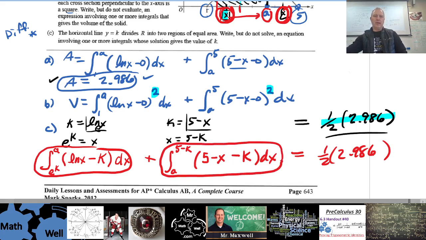Okay, so we do have x's in here because we are integrating with respect to x. So we do have x's in the integrals, but the x values, and this is the tricky part, have to be written in terms of k, because we have k moving. So this moves as this moves.